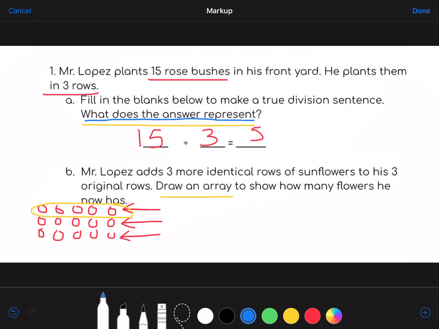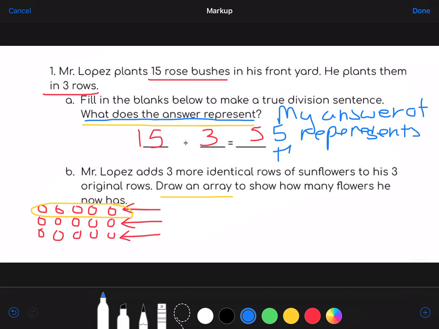You want to write, my answer of 5 represents the number of rose bushes in each row, right?